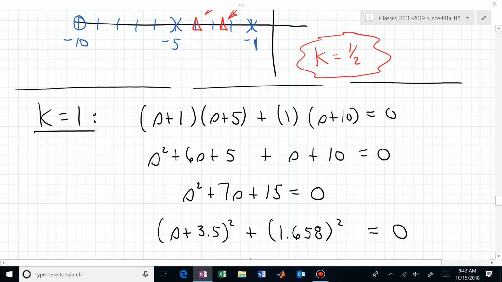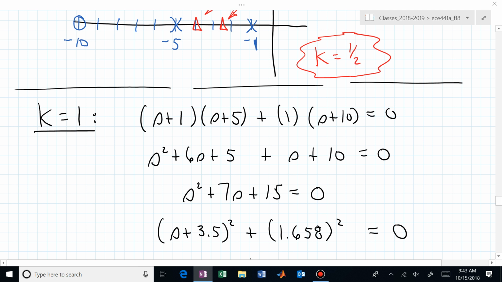So now we have poles where? Do you recognize this factored form? If you don't, hopefully you will by next week. Where are the poles located in this factored form? What's the real part of our poles?